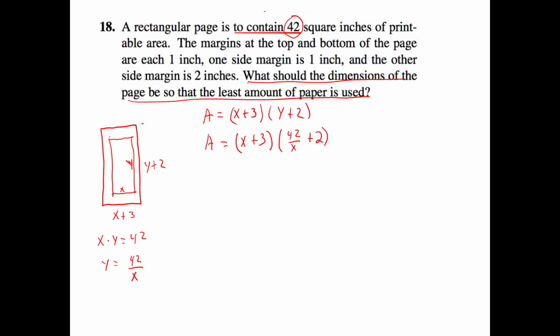But again, we should ask what values of x are allowed. x is just the distance from here to here, and x has to be bigger than 0.